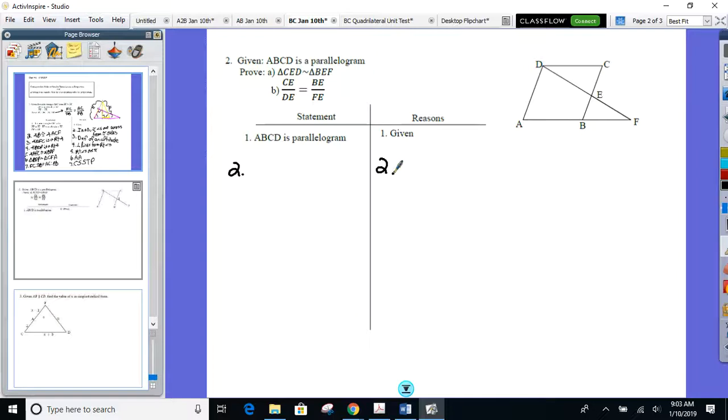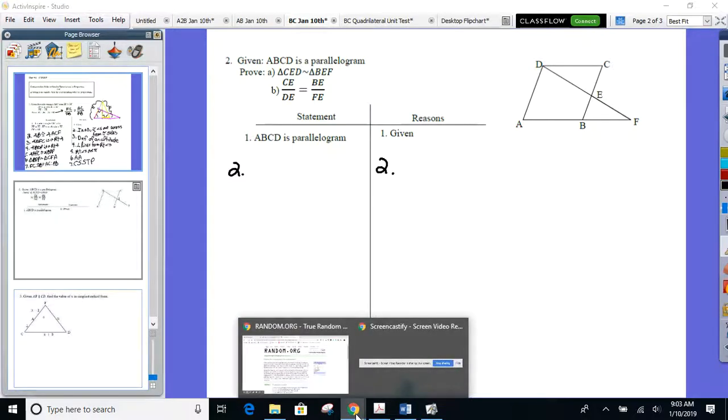Everyone see the 2 triangles? Because there's 3 triangles in the diagram. Make sure you know which 2 we're proving similar here first in part A. CED and BEF. Give me a pair of angles you see there.